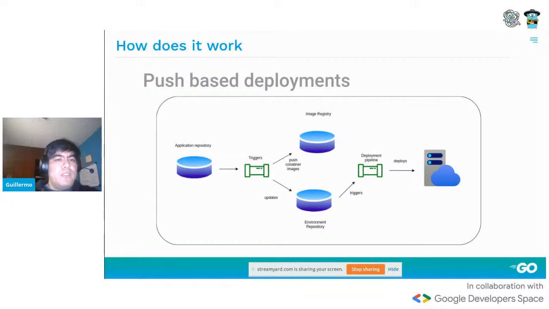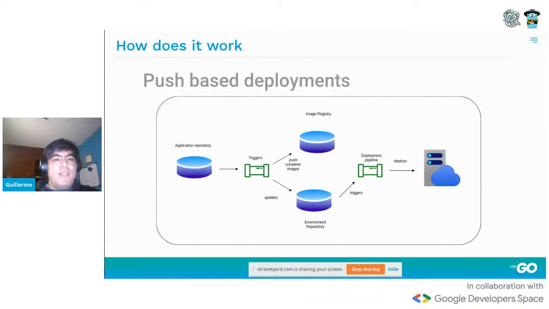The way it works is that we have our infrastructure YAMLs and our application code in the same repository. Whenever there is a change in the application repo, the build pipeline is triggered. After that, if the pipeline succeeds, the image of our application is pushed into the image repository, and then the environment repo is updated.